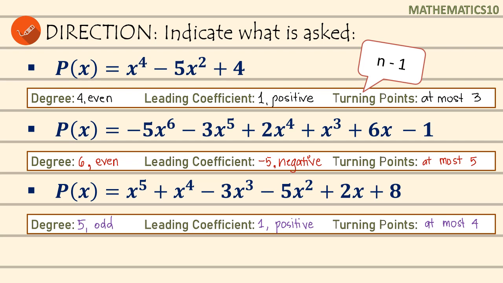So again, it's at most 4, or we can also say that it is less than 5. What are those numbers less than 5? We may have 4, 3, 2, and 1. It has the same concept behind.